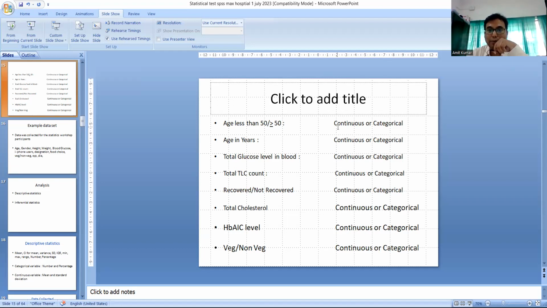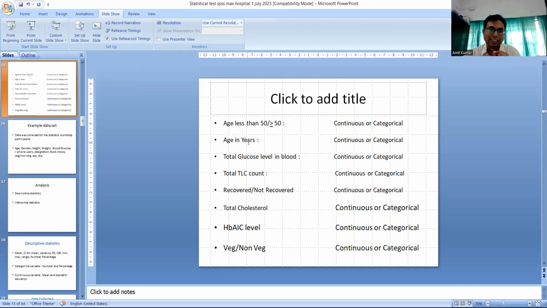And someone said binary data. Binary also comes under categorical data, where there are only two possibilities. There are many names in statistical books, but if you look in detail, you will find only two types of variable will serve the purpose for applying the statistical test. So remember only two: categorical and continuous.